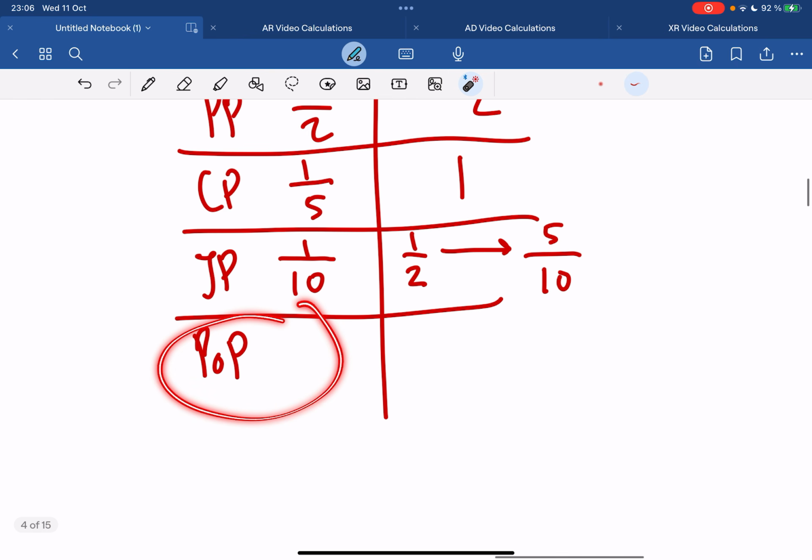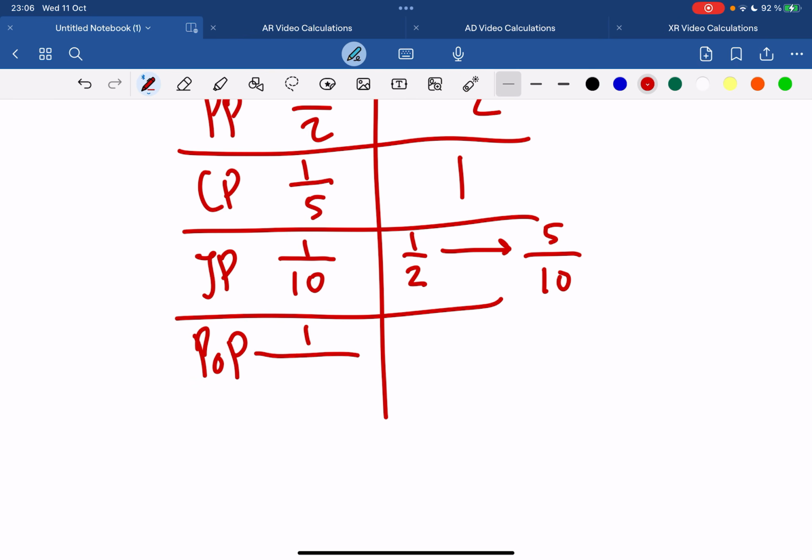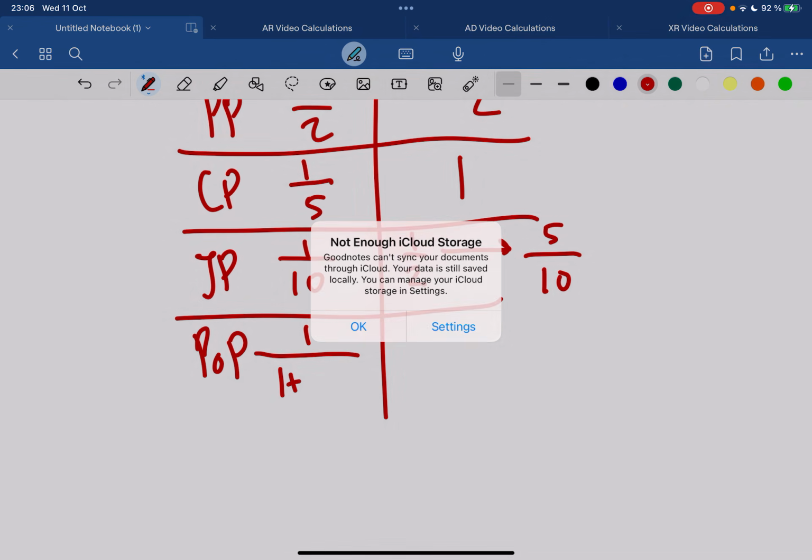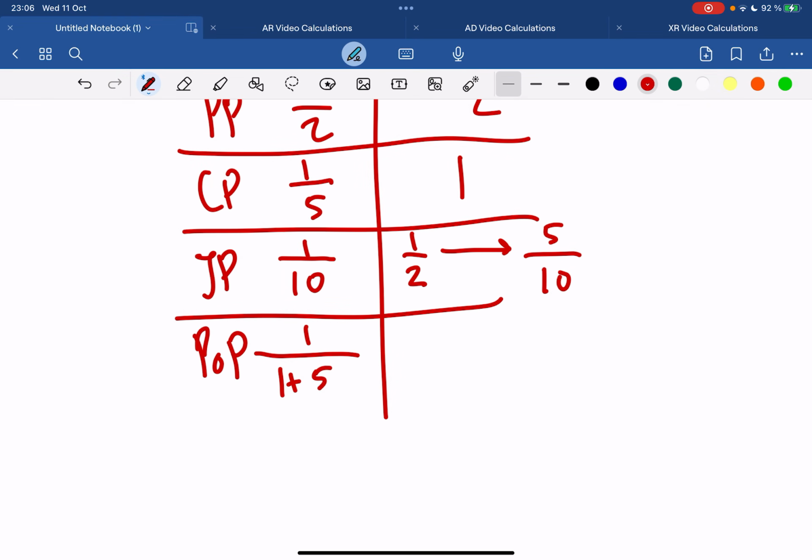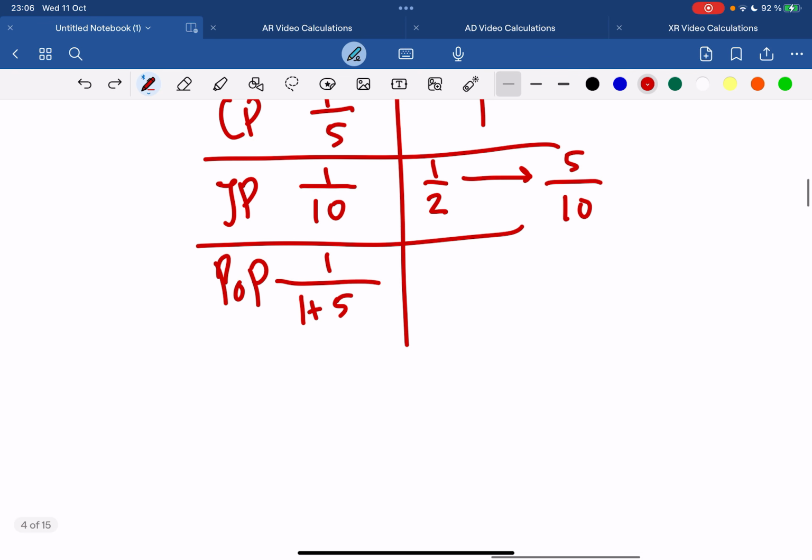Now for the posterior probability, we take the numerator for the left side at the top, and for the bottom we take the numerator for the left side plus the numerator for the right side, which would be equal to 1 in 6.